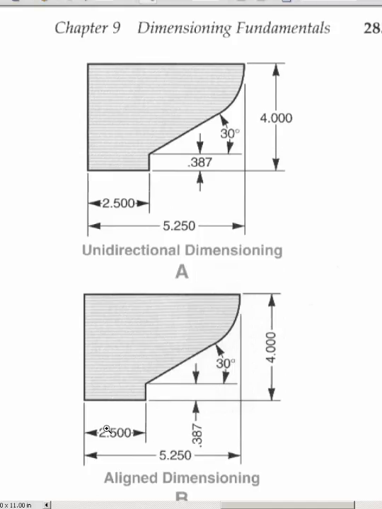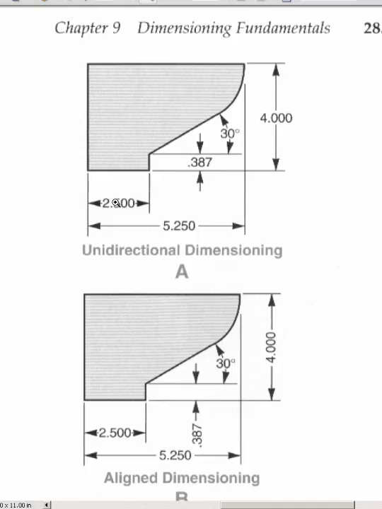For example, you'll notice that 0.25 runs this way and is parallel to the surface. However, here, this measurement, 0.387, runs this way, this object runs this way, so the dimension runs this way. Same thing is true for the overall dimension this way, 0.4. This is called aligned. It just means it's aligned or parallel with the object in question or surface in question.